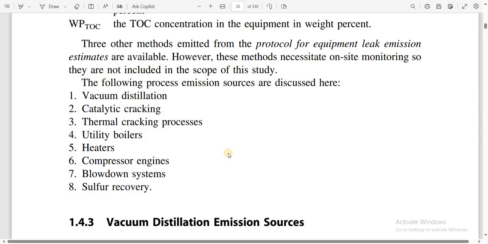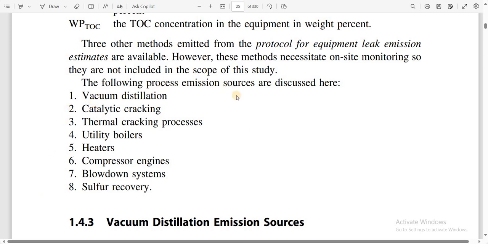Okay, so there are three other methods, and they can be done on site. So they are not included, as it is not the scope of this study up to now. Let's say I will grow it eventually.